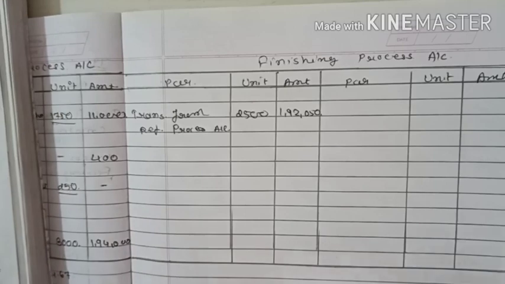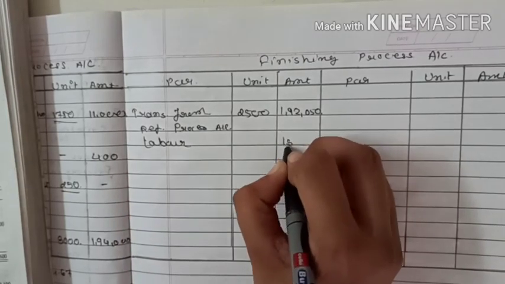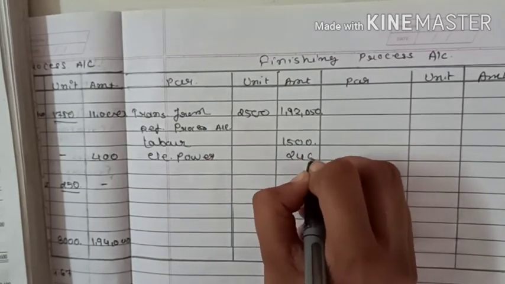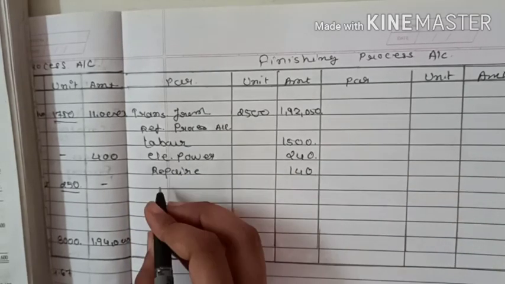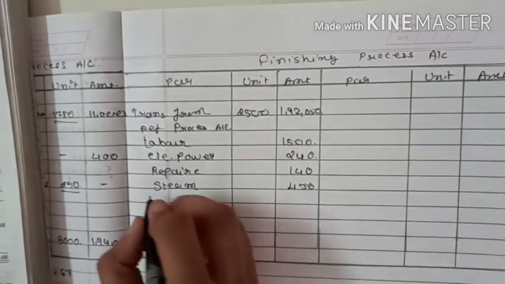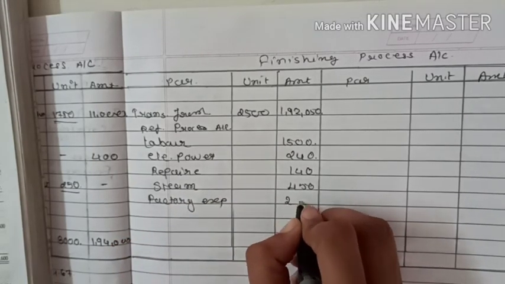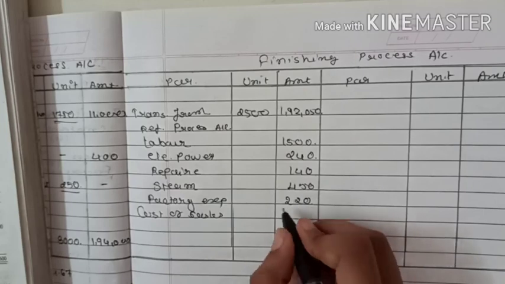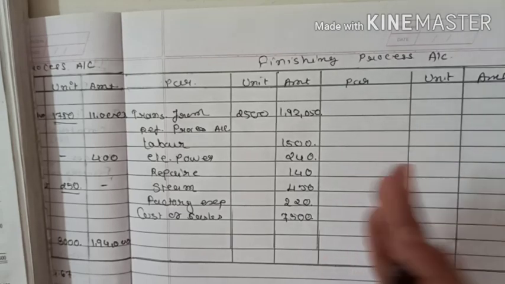Let's write down all the expenses: labor 1,500, electric power 240, repair 140, steam 450, factory expense 220, cost of cakes 7,500. Right?